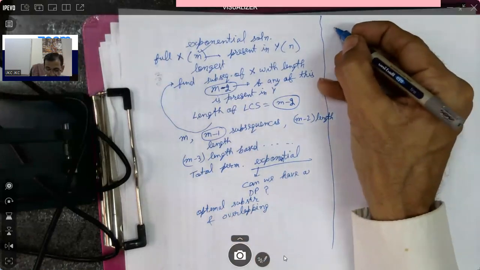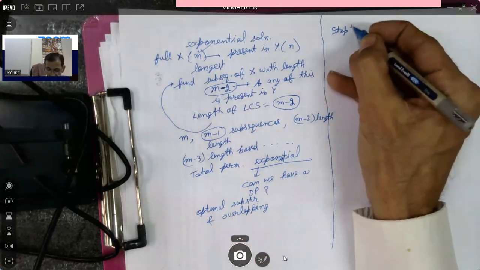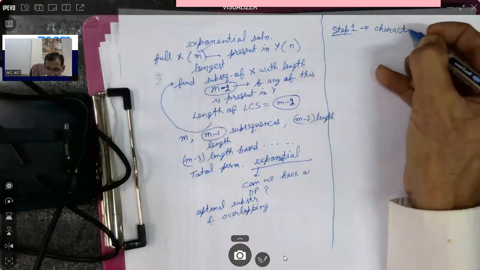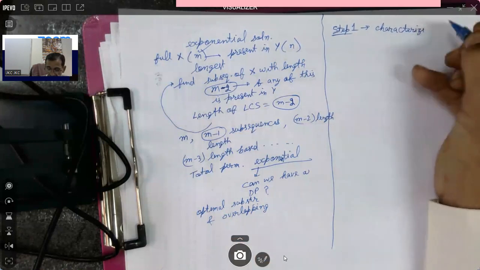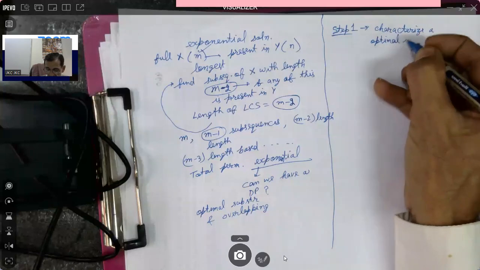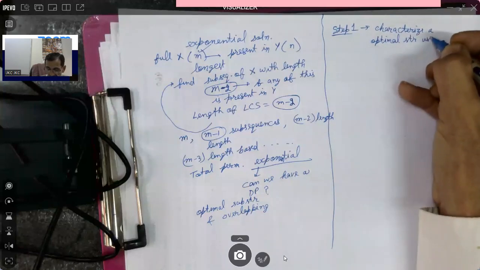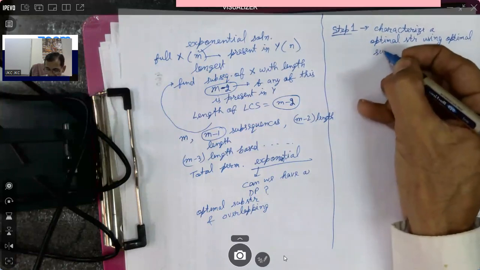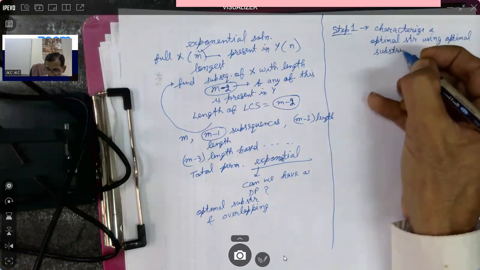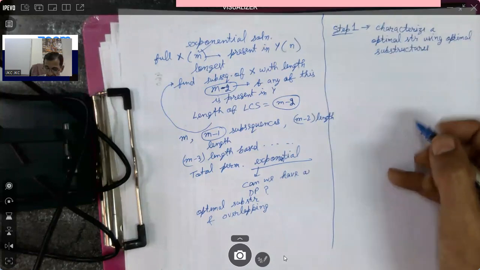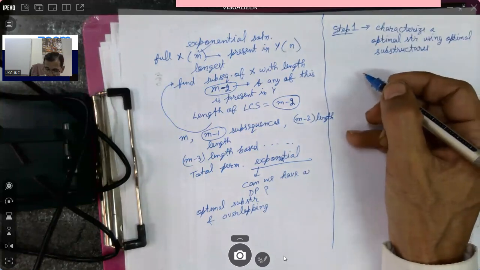I'll try to solve it by following step 1 of the DP steps, which was to characterize the optimal solution or optimal structure using optimal substructures. So we have to effectively find those substructures. And of course, if the substructures are overlapping, then we are going in the right direction.